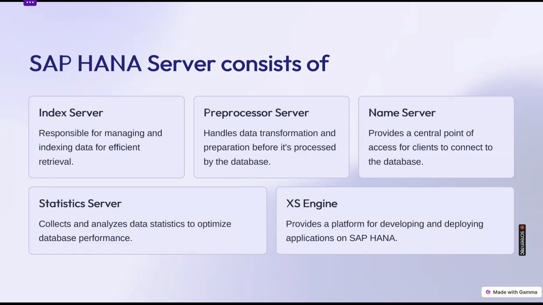Second, we will talk about the preprocessor server. What is the use of the preprocessor server? It is used to extract the data from the text. And third one is our name server. So the name server, what does it contain? The name server contains all the information about the system landscape.